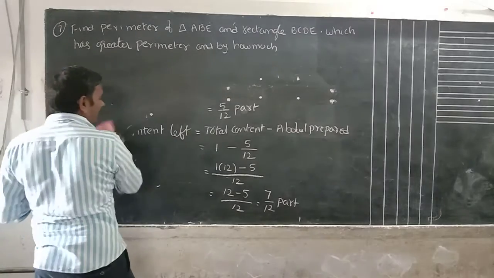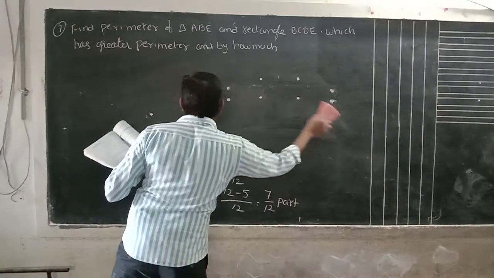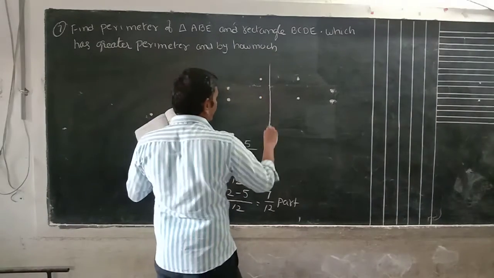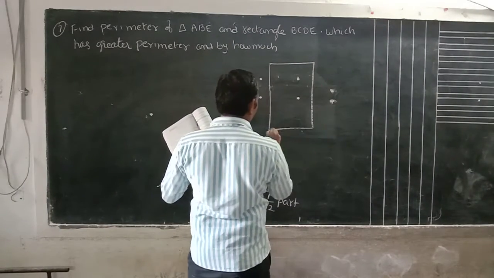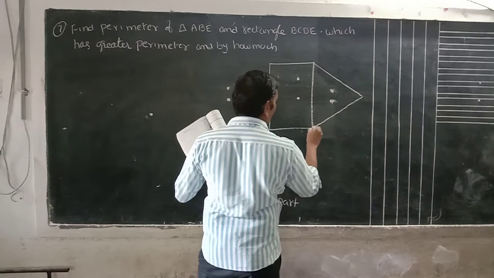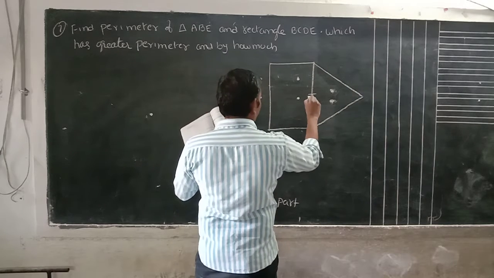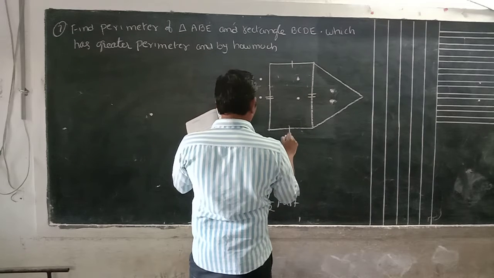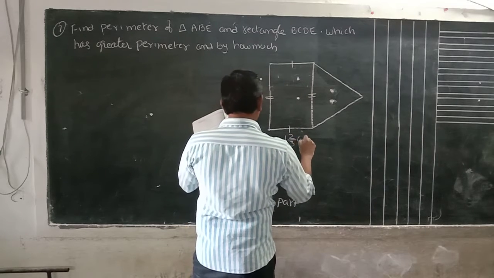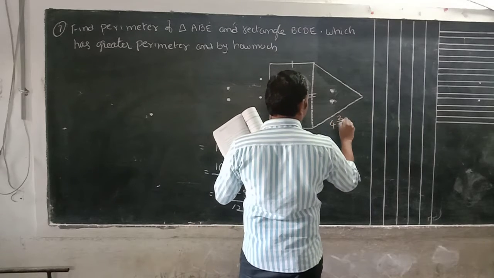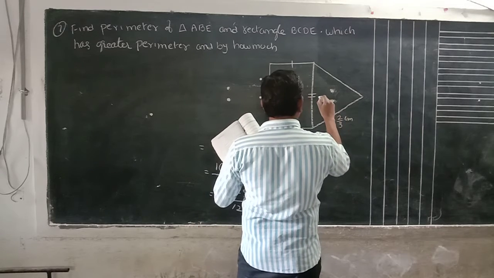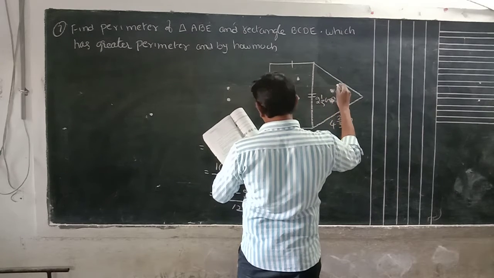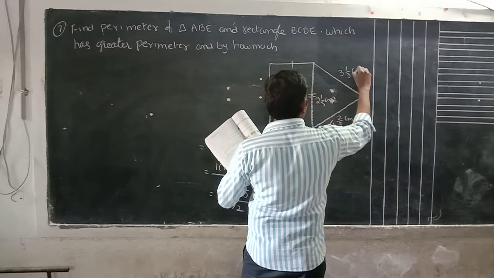This question related one diagram is given to you. That one I will draw here. What the diagram given? Like this given. 1 2/3 centimeters, 4 2/3 centimeters, 2 1/5 centimeters, 3 1/3 centimeters.